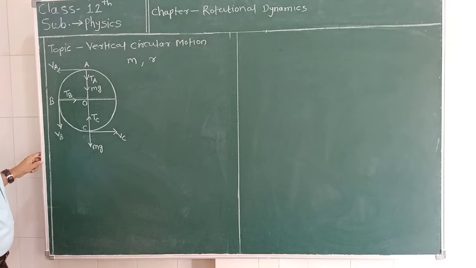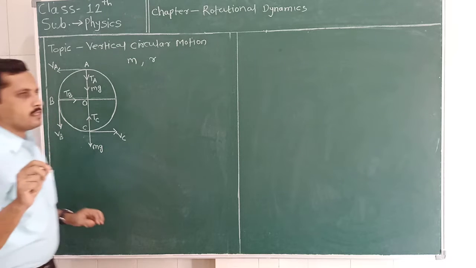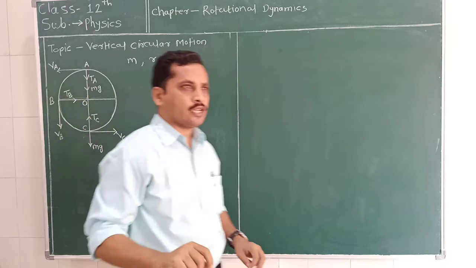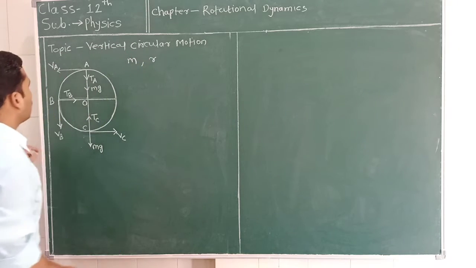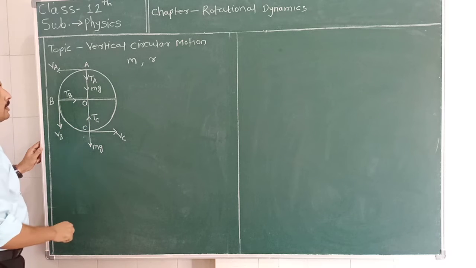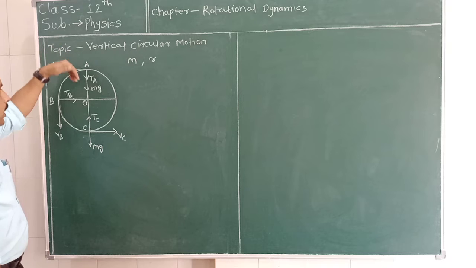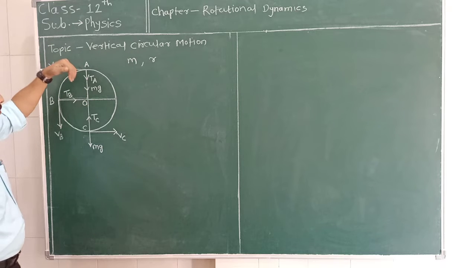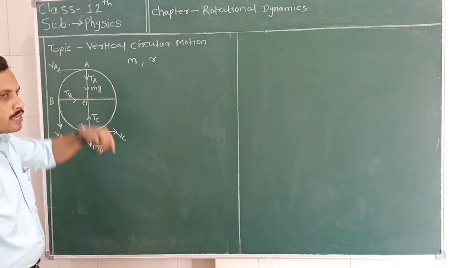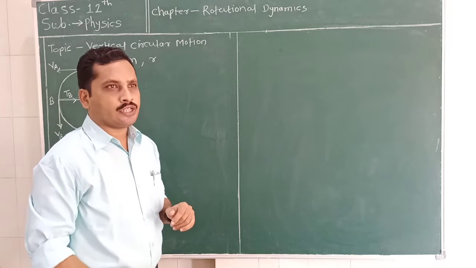From this diagram, we can set the equation according to the balancing condition. How? When the string is at position A, the weight of the bob is in the downward direction. Similarly, the tension in the string is also in the downward direction.